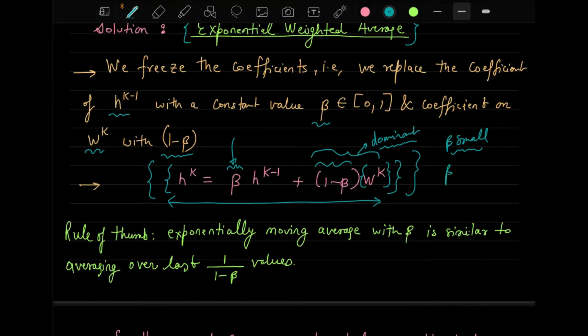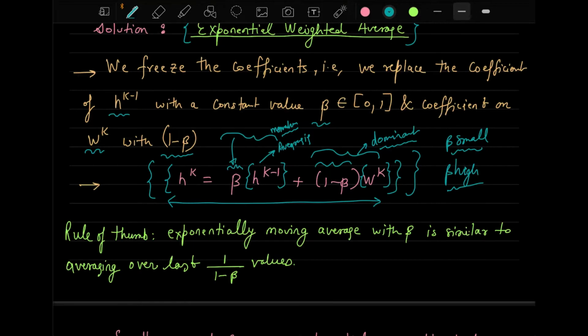And when your beta is high, what it means is you are giving more emphasis to this term. This term, h^(k-1), is basically the averaging term because it is storing the previous averages of the calculation, and it's also called momentum.